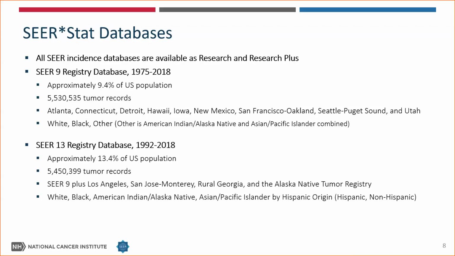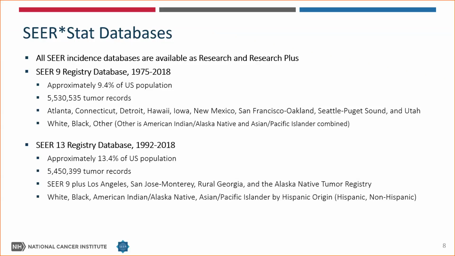So we have SEER 9, the years, what the population coverage is, number of tumor records, so 5.5 million tumors, and it has the registries included and the race that's available for population and for rate calculations. SEER 13, shorter time period, a little bit larger population coverage, and you see it's a similar number of records. It just added in Los Angeles, San Jose, Monterey, rural Georgia, and the Alaska Native Tumor Registry, which is unique.